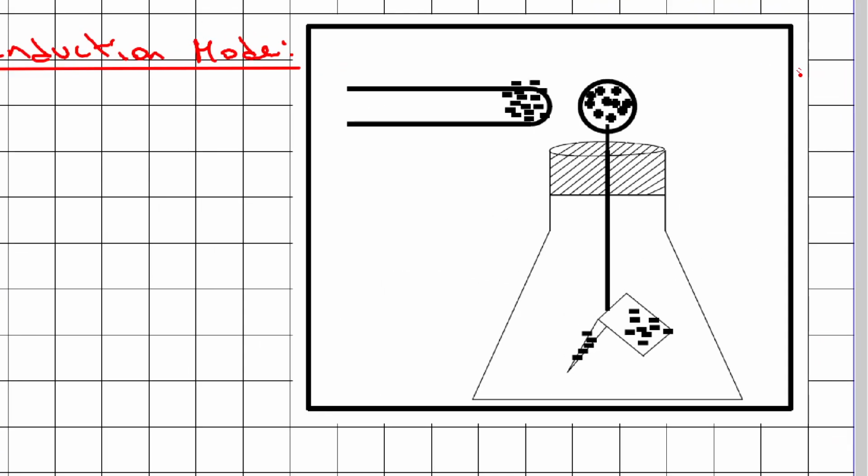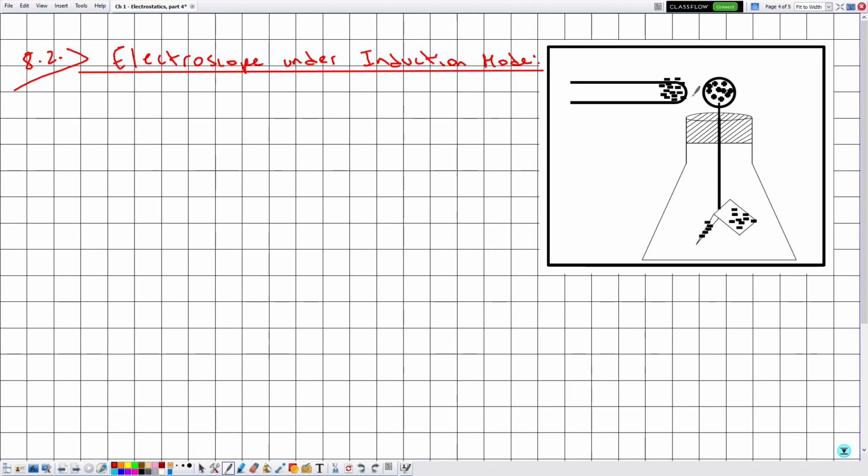Without being in contact, the same negatively charged ebonite rod can be brought near this neutral electroscope. It is neutral, so it doesn't admit any deficit or excess, but it has positively charged particles. They will be attracted to the negatively charged rod, and the negative charged particles will be repelled to the leaves, and the leaves will diverge, which is an indication that the rod is negatively charged.